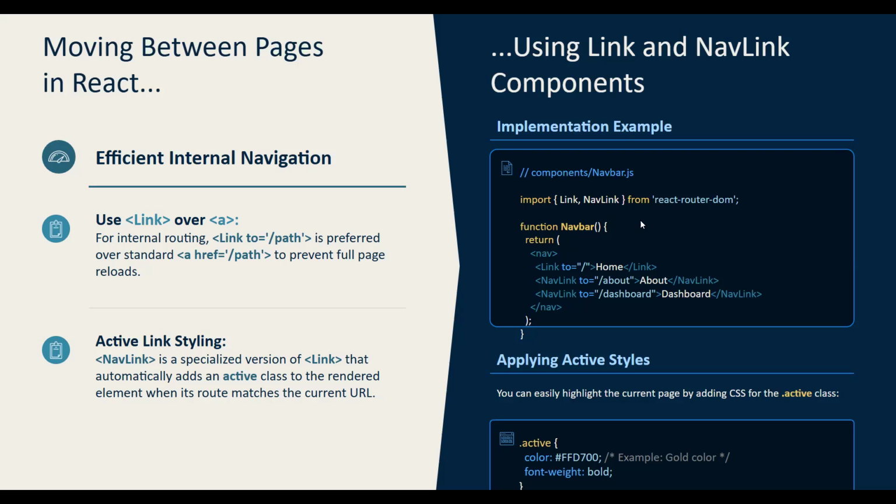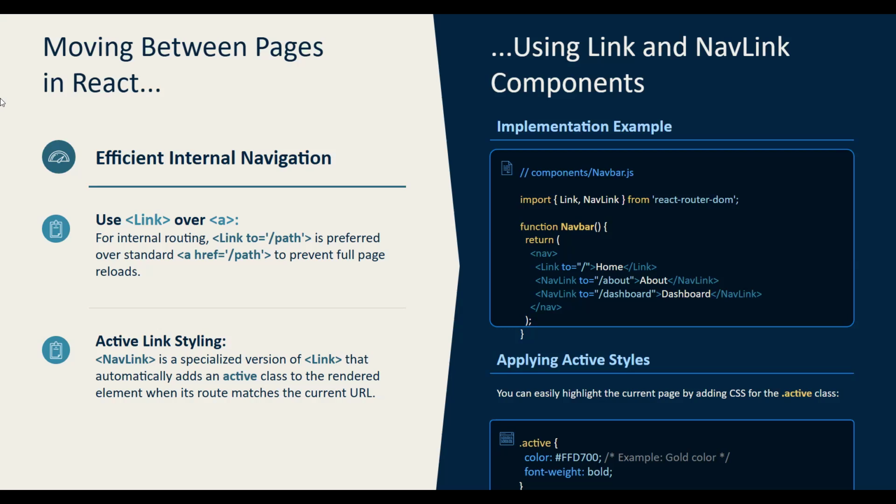And then NavLink does the same thing, but the additional benefit is that it can automatically tell us when a link is active, which makes it easier to style the current page in the navigation bar. One thing to notice is that NavLink is really just a specialized version of Link.